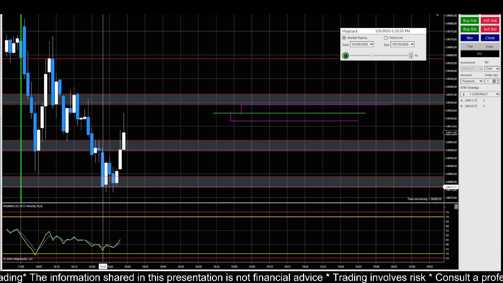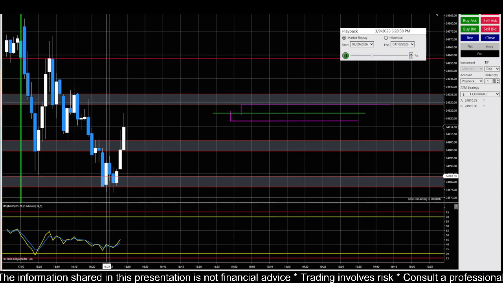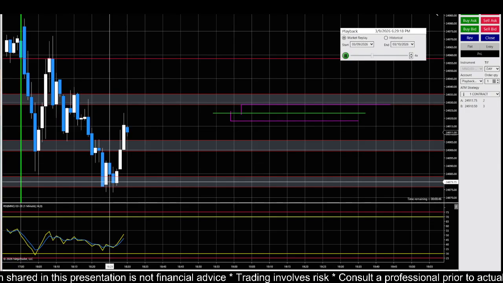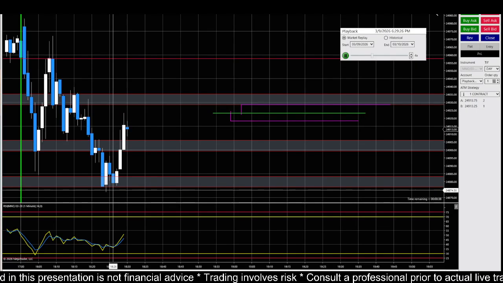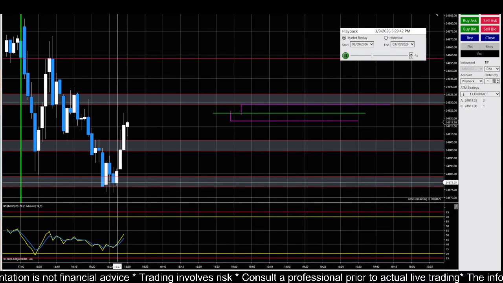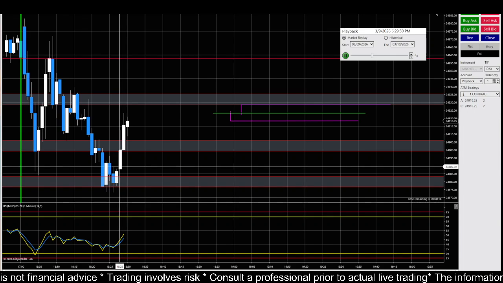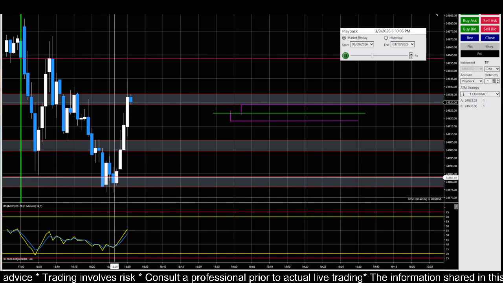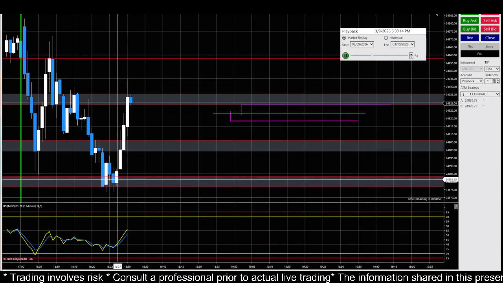It came down and hit it once with the blue candle, the white candle, another blue candle here in the middle came down and pulled out, but then another one came down, bounced off of it again. And when it started this blue candle or this white candle, it pushed down a little bit and pulled right out. So it's telling me that there's something down here that it doesn't like.